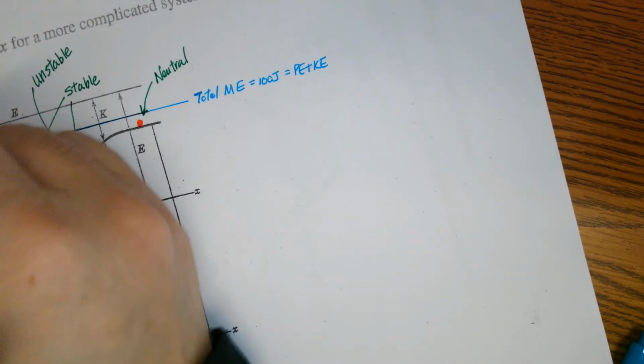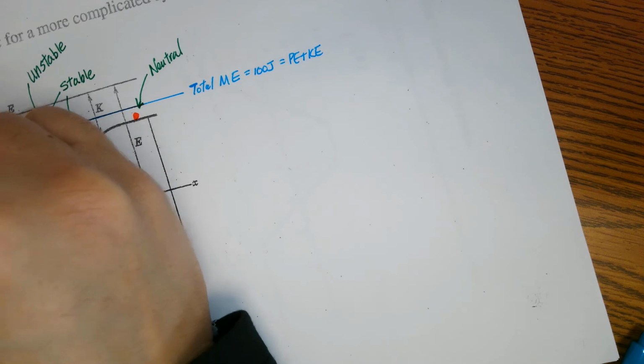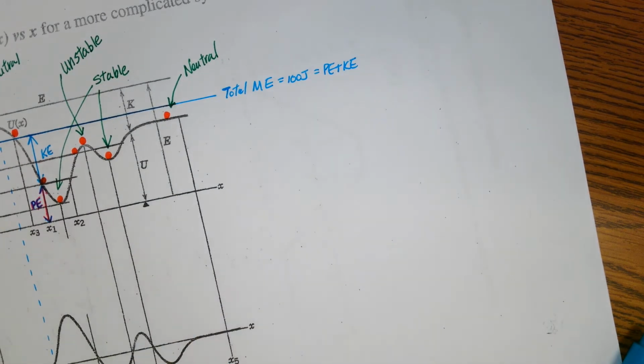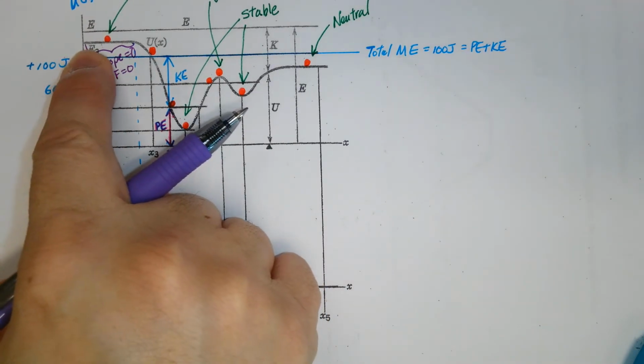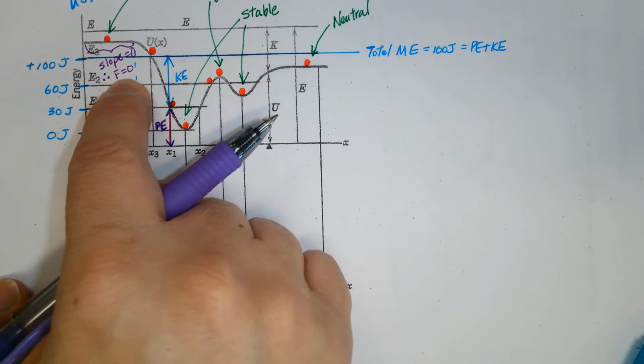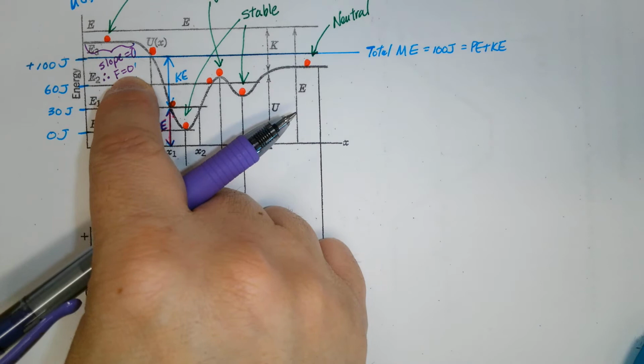Therefore, your force is 0, negative 0 or 0. So the slope value from here to here is 0, so the force value is negative 0 or 0.